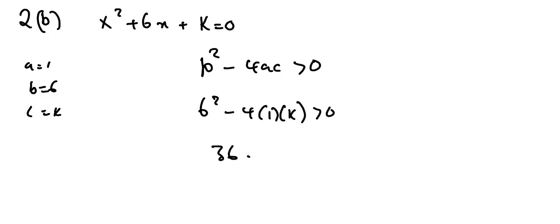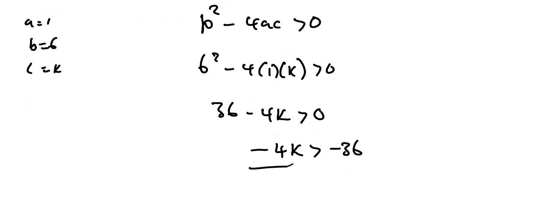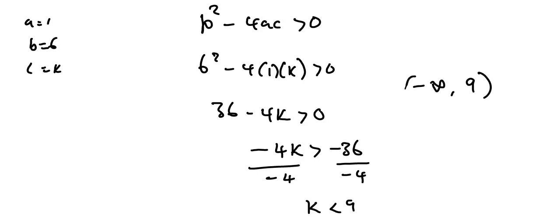This is 36 − 4k greater than 0, so 4k is less than 36. Dividing, k is just going to be less than 9, meaning it's all numbers from −infinity to 9, open.